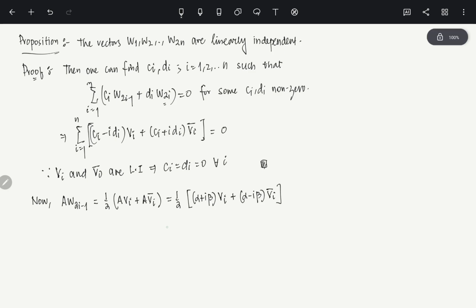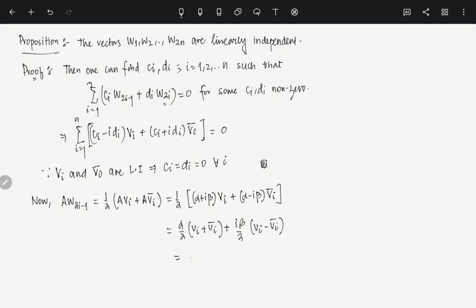Clear? So that is equal to alpha by 2 (V_i plus V_i bar) plus i beta by 2 (V_i minus V_i bar).